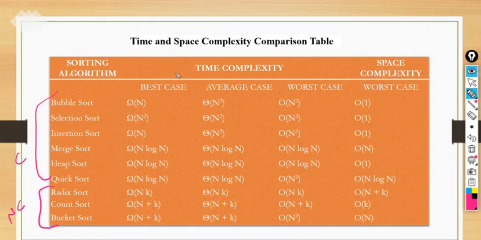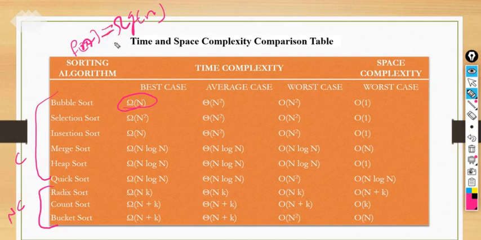So bubble sort has the best case omega n. Omega leads to what? Lower bound. Lower bound means f of n is greater than or equal to omega g of n.